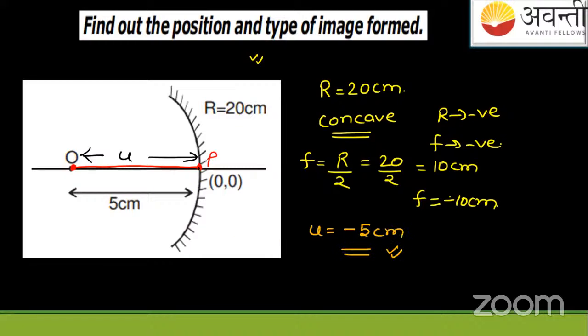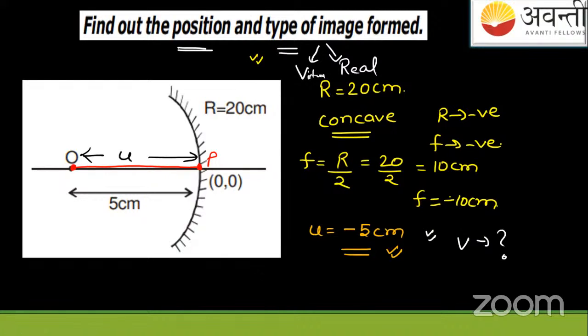Now what are they asking in the question? They're asking to find the position and the type of image formed. Two options: either the image will be V, that is virtual, or R, that is real. We have to see whether the image will be virtual or real by finding the value of V, that is the image distance. Did you understand it? Yes or no? Text me here.